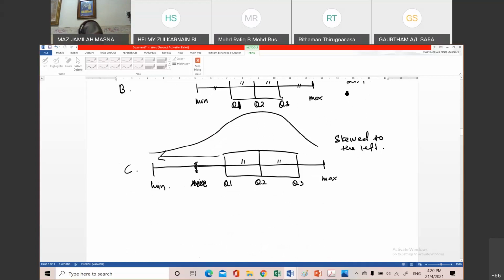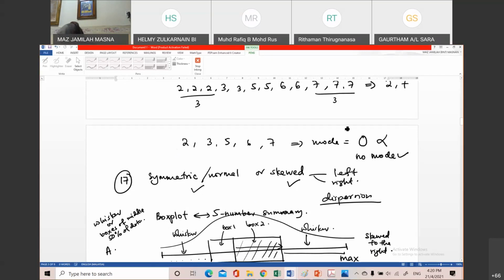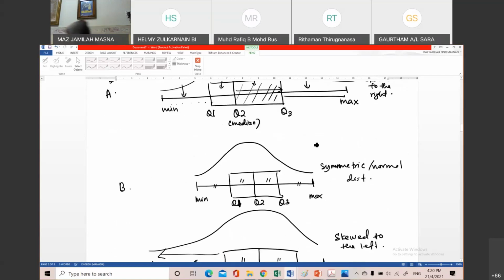So now, what can we conclude from this? The question just now, by using box plot, how to determine shape of a distribution and dispersion of a distribution. Determine shape and dispersion.